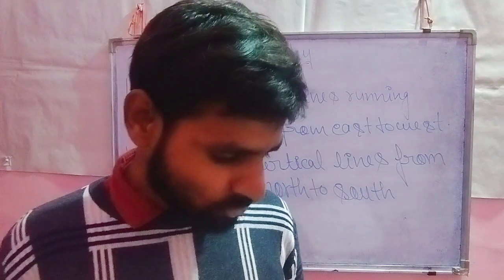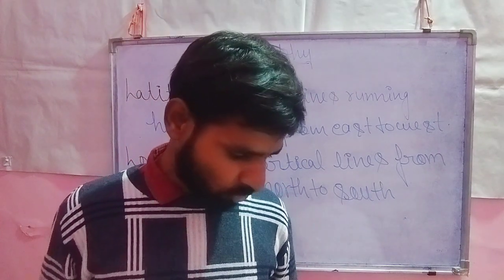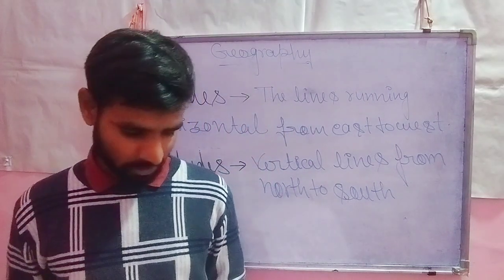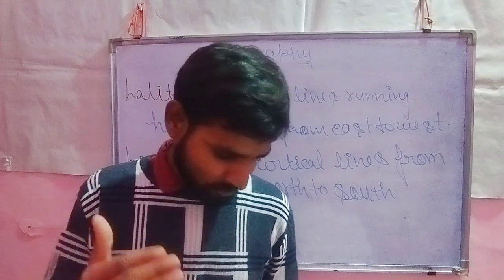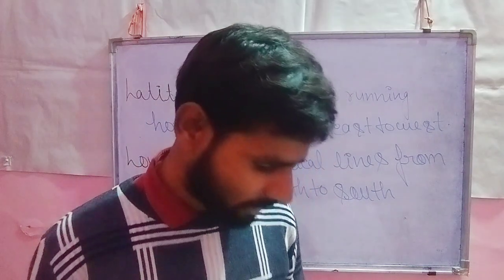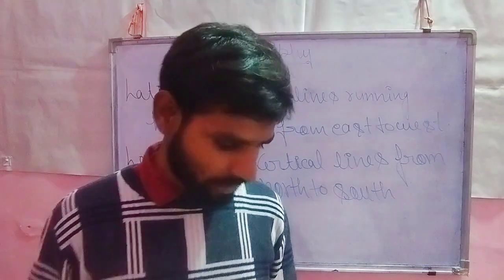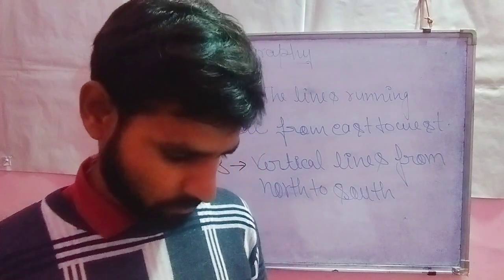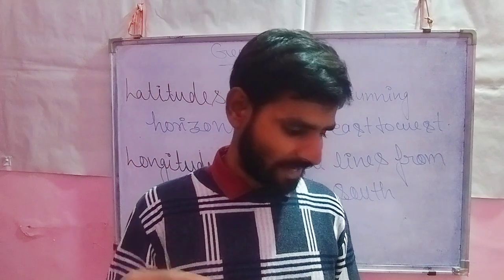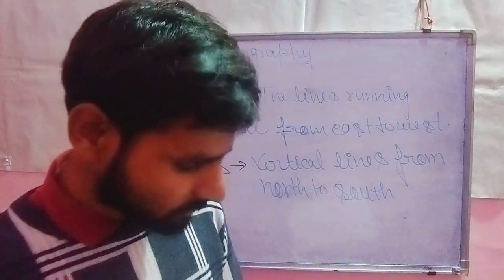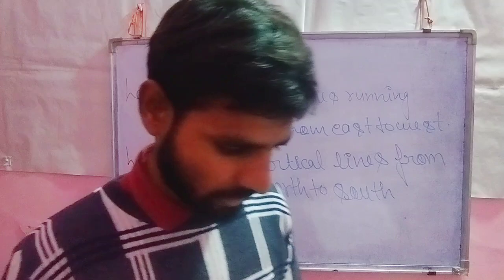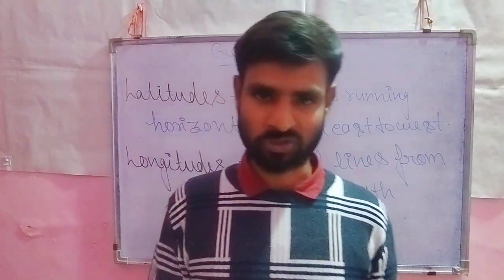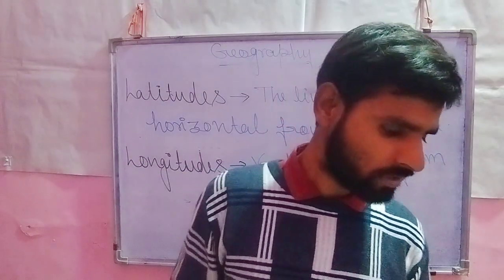The part of the earth between the North Pole and the equator is called the Northern Hemisphere. That is very important. What is the Northern Hemisphere? You have to understand that the part of the earth between the North Pole and the equator is called the Northern Hemisphere. The part of the earth between the South Pole and the equator is called the Southern Hemisphere. These are the two equal parts of the earth.